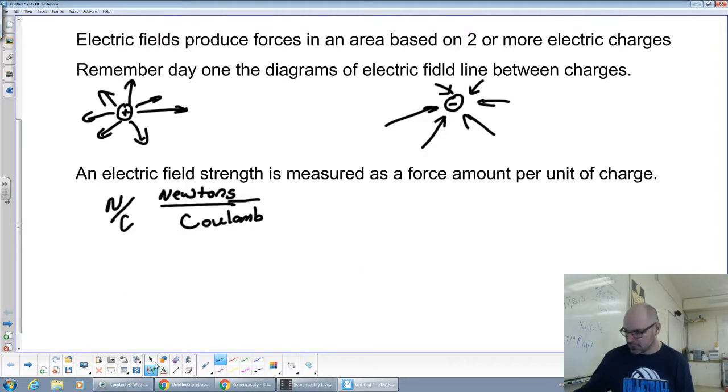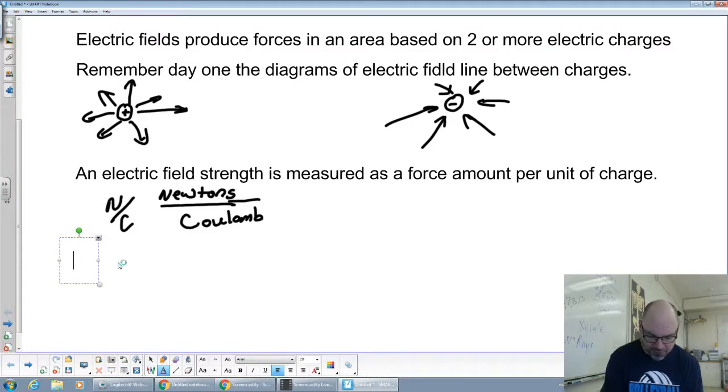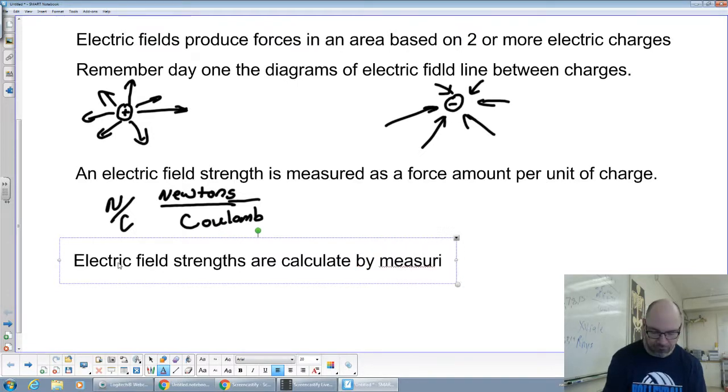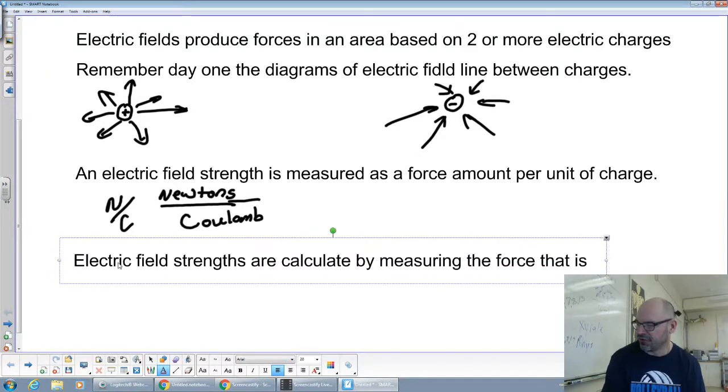Okay, so electric field strengths are calculated by measuring, or found if you like, the force that is on a positive, always a positive, test charge.